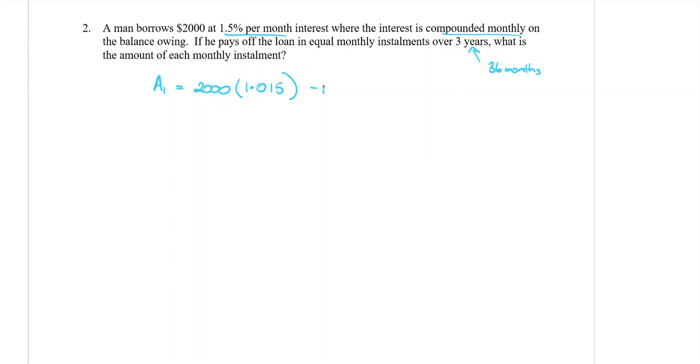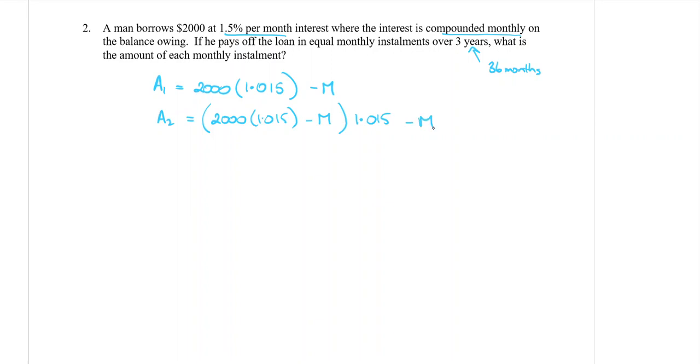And then we would subtract off a repayment, because he makes a repayment as well. He gets charged interest and he makes a repayment. We go into the second month, which starts with what we had at the end of our first month. So there's my starting point. I times it by my interest rate again and subtract off another payment.